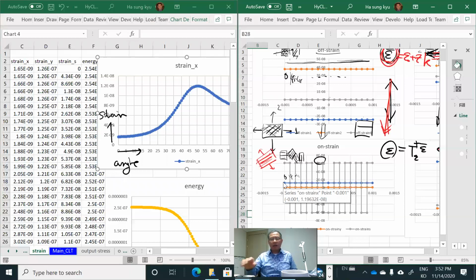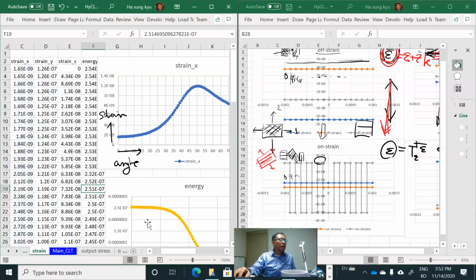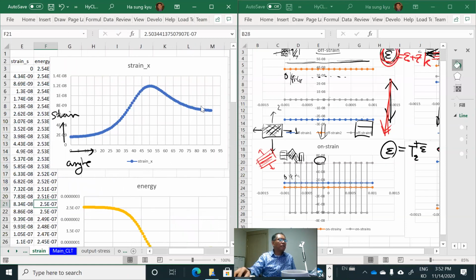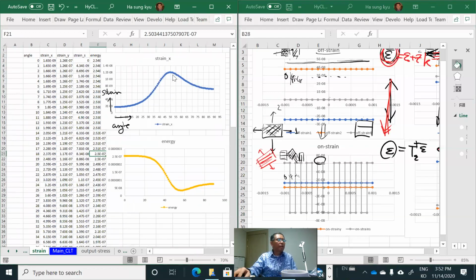So obviously these distributions give us the strain along angles, and it sometimes reaches the maximum here at 40. That doesn't mean it reached the maximum of epsilon X at the 50 degree, and energy-wise it is almost the minimum.